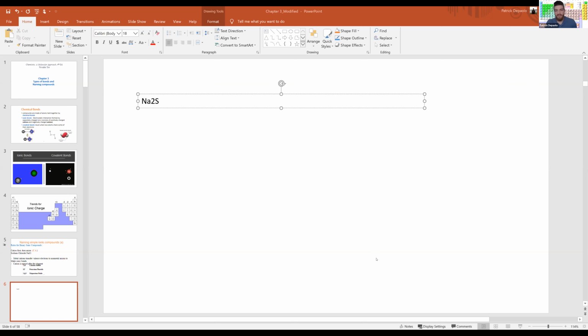Awesome. Now, maybe some of you were thinking disodium sulfide or something, right? But that is not the case. For these ionic compounds, the simple ones and really for all ionic compounds, do not use prefixes. Very important rule.